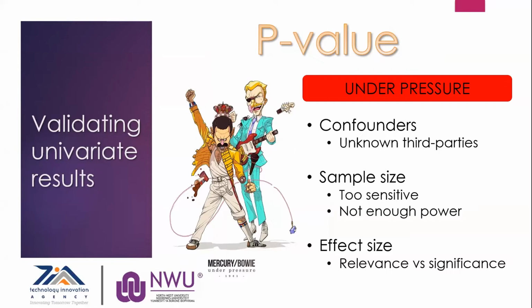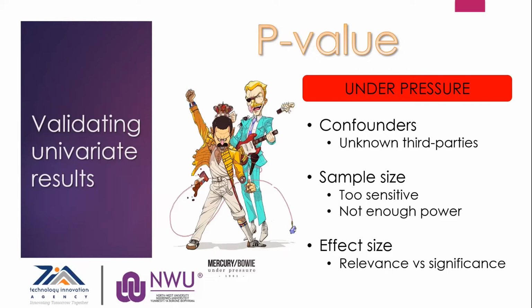Then, as we've said before, inappropriate sample size, but not only too small, also too big. If your sample size is too big, it's also a problem, because the p-value is inversely related to your sample size. So the bigger your sample size, the smaller your p-value, regardless of the effect. So the flip side of the coin is also true.